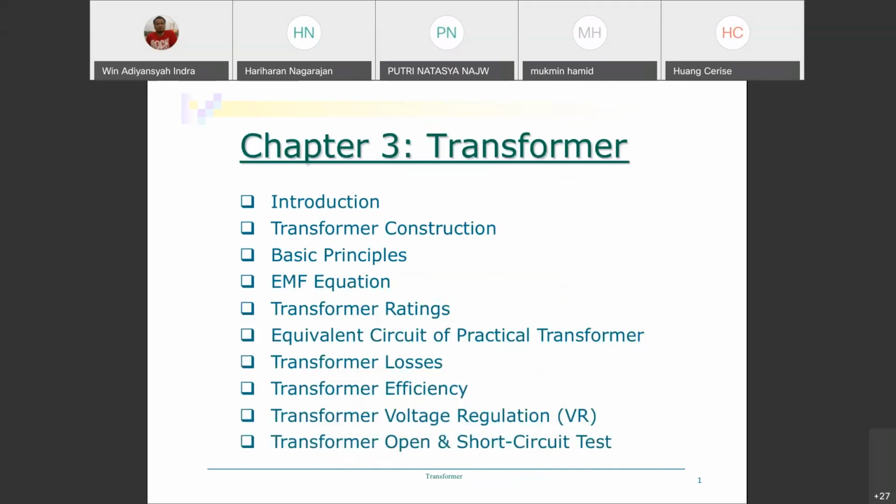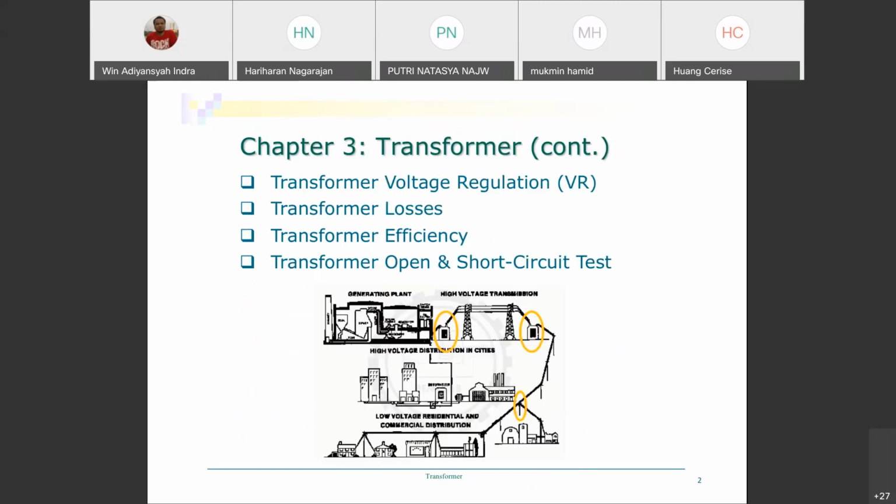So before we discuss Lab 4, let me go through this one, just a quick one. Chapter 3 is on transformer. As you know, in Malaysia, for example, the users of transformer are usually industry, especially related to energy.